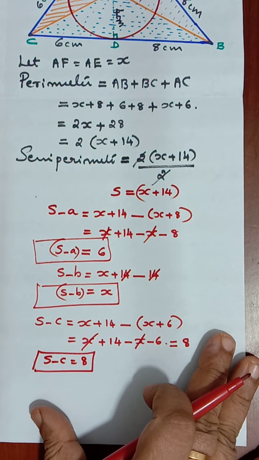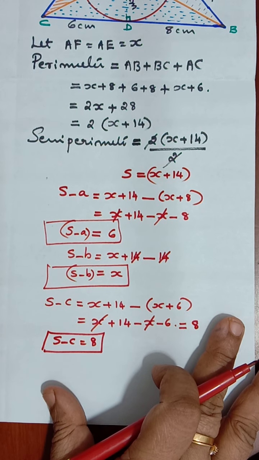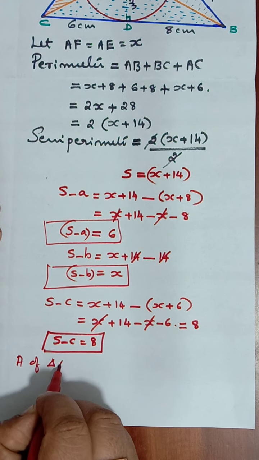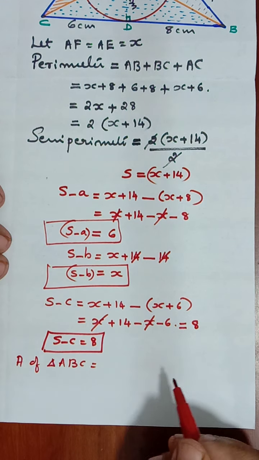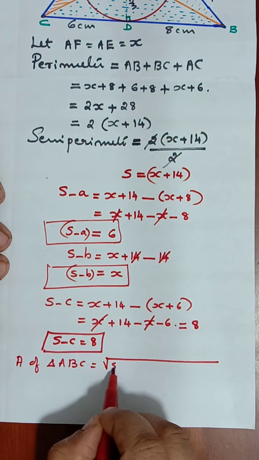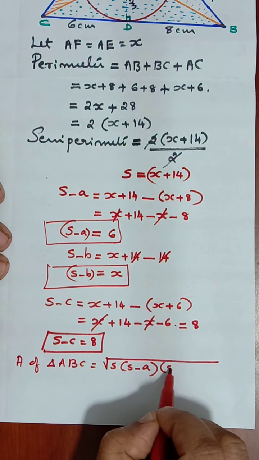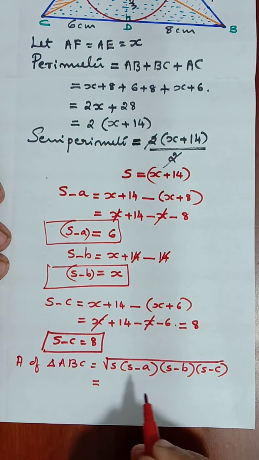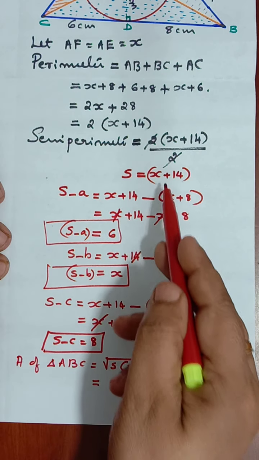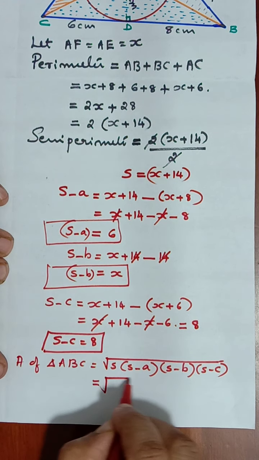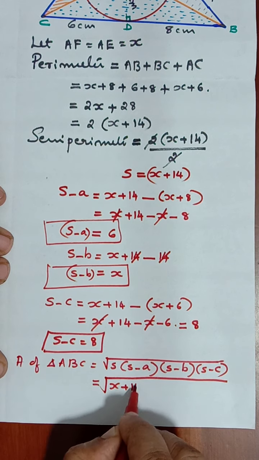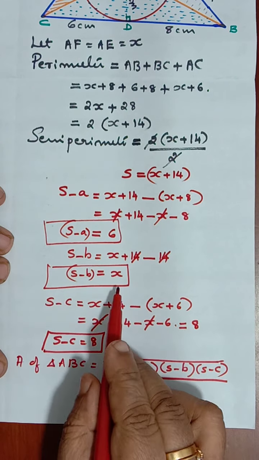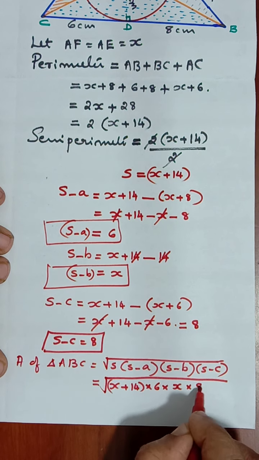Now we are going to substitute in the area formula. Area of triangle ABC equals square root of S into S minus A into S minus B into S minus C. So substitute: S is x plus 14. Square root of x plus 14 into S minus A, which is 6, S minus B is x, S minus C is 8.